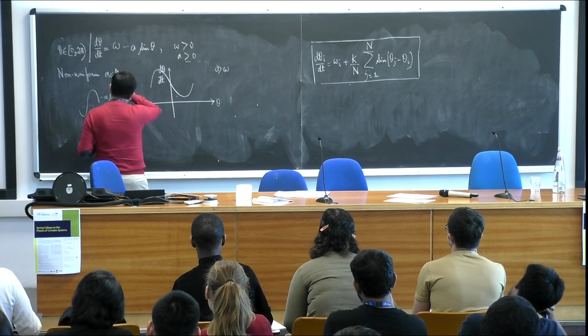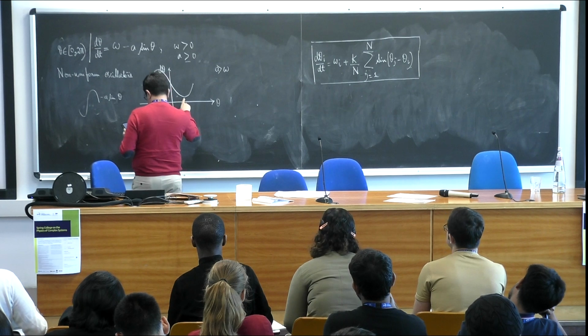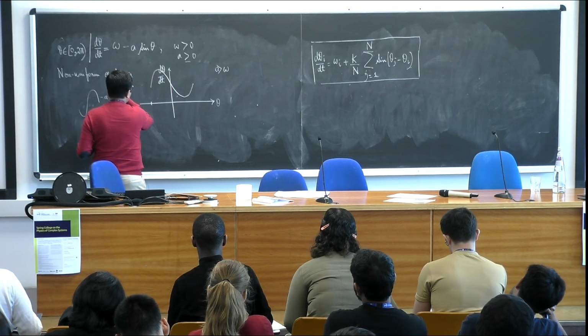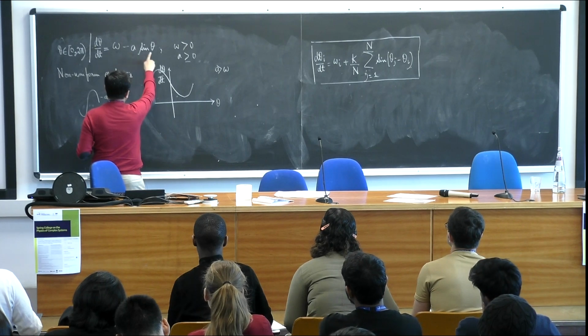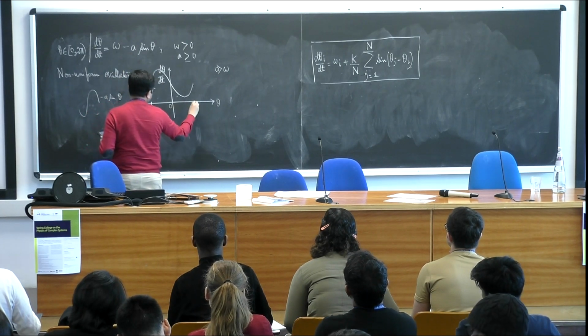Did I do it right? I seem to have it this way. Omega minus A when theta is zero... so I'm plotting it between minus pi and pi.